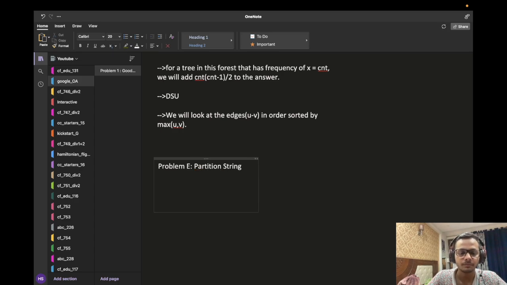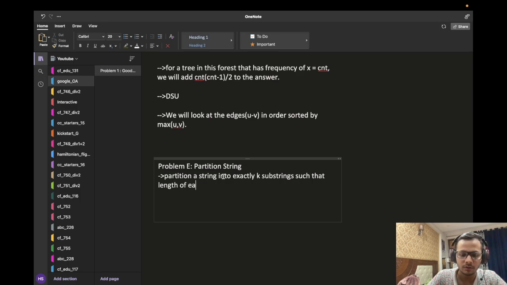Cool. Okay. So what we have to do in this problem is partition a string into exactly k substrings, such that the length of each substring is at least m, and each substring begins with an even number.